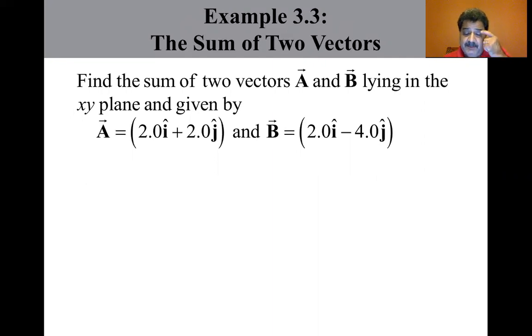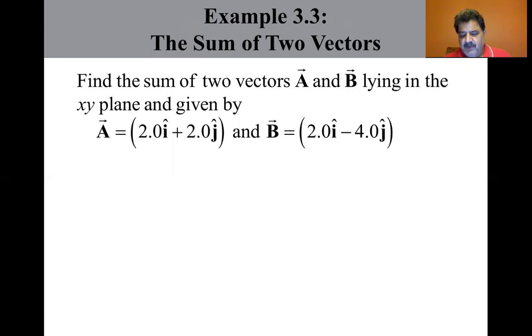Okay, conceptualize. You can conceptualize the situation by drawing the vectors on graph paper. Draw an approximation of the expected resultant vector. Now, when we categorize this example, we categorize it as a simple substitution problem.